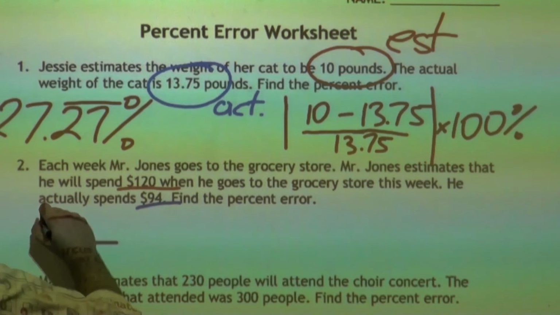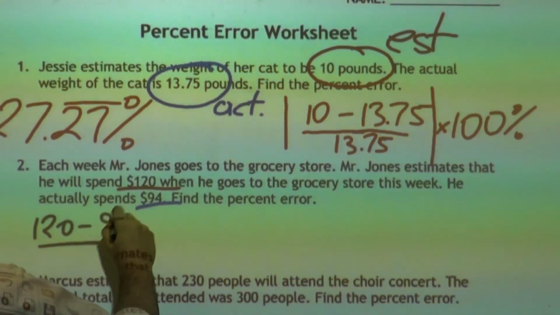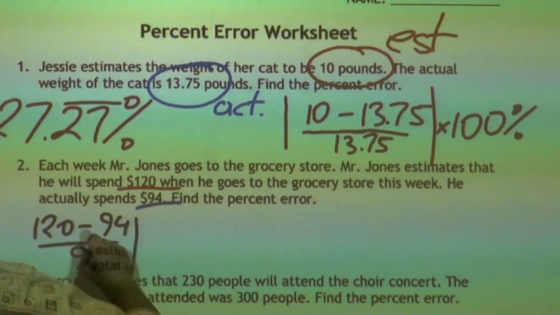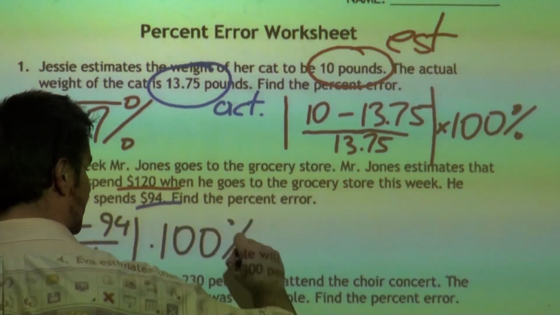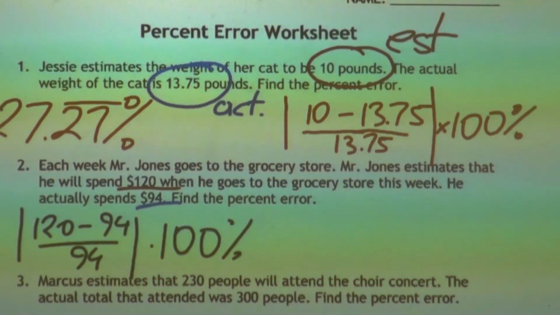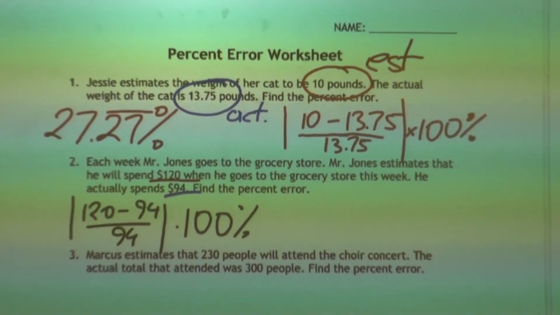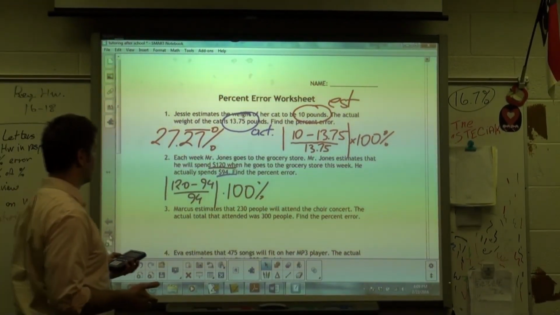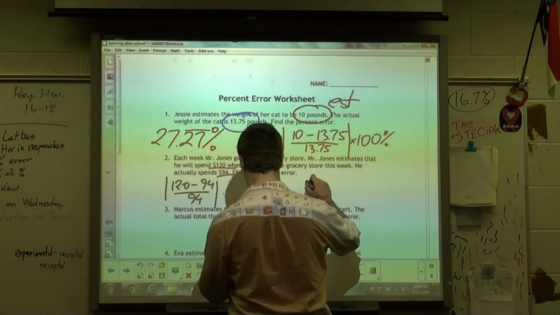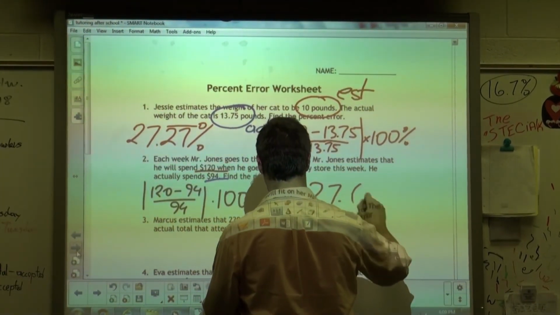His estimated is 120, that goes first, minus 94, over 94, and then times 100%. You will subtract 94 from 120, you'll get 26, divided by 94, times 100, and his percent error is 27.65.